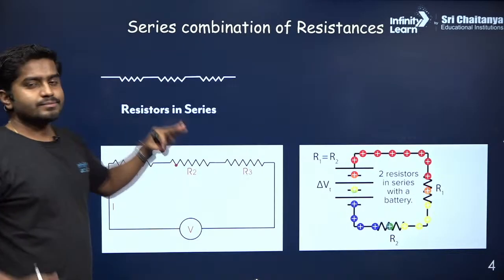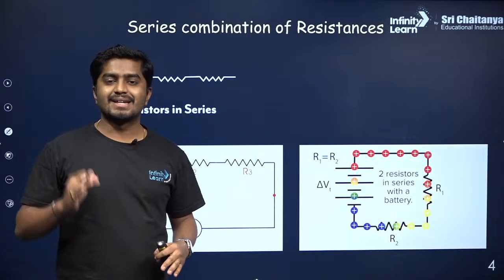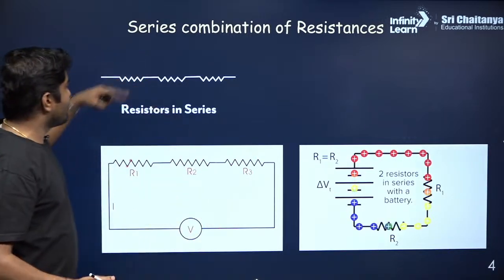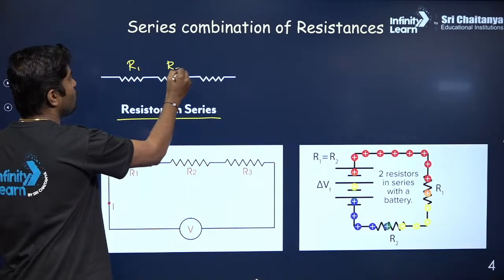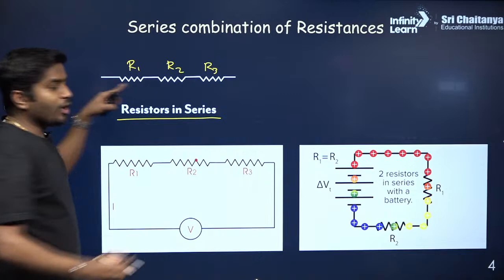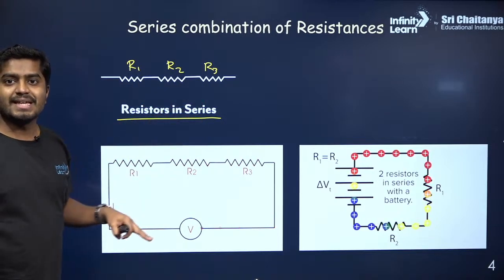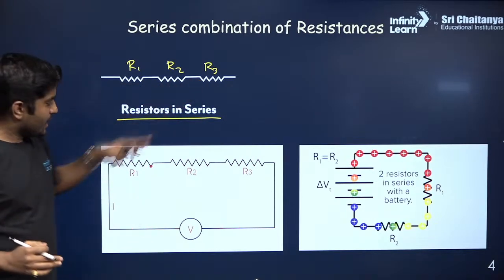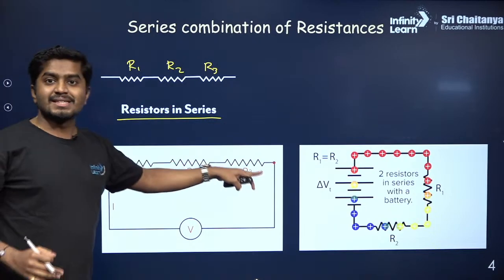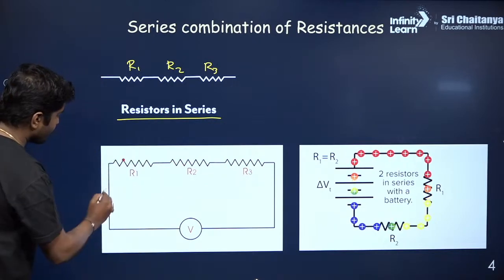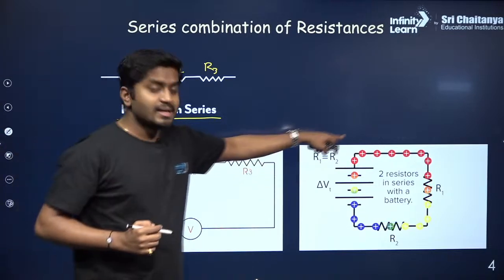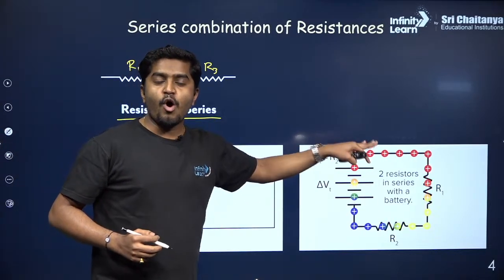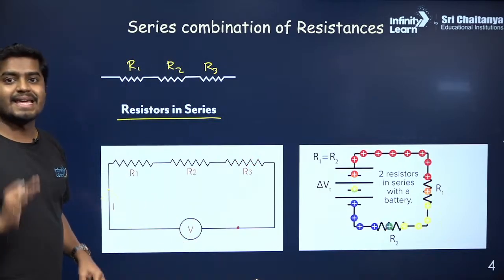So now you can arrange the resistors in two ways. One of them is in series. You see this R1, R2, R3, all three of them are arranged in series. Can you see? When you arrange the resistances in series, what is common? The current which is flowing through all three of them is the same.